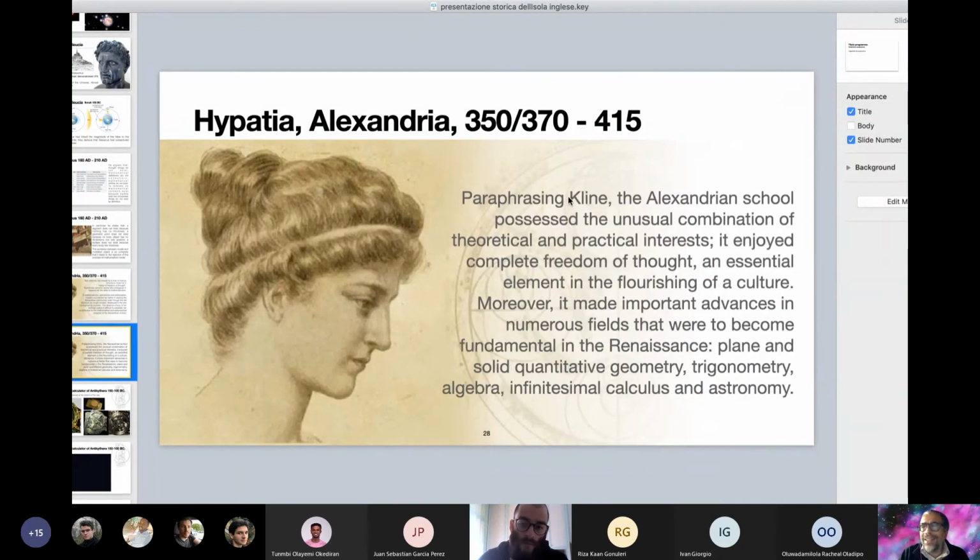However, Klein, a famous British historian of mathematics, said that the Alexandrian school possessed the unusual combination of theoretical and practical interests. It enjoyed complete freedom of thought, which is an essential element in the flourishing of a culture.